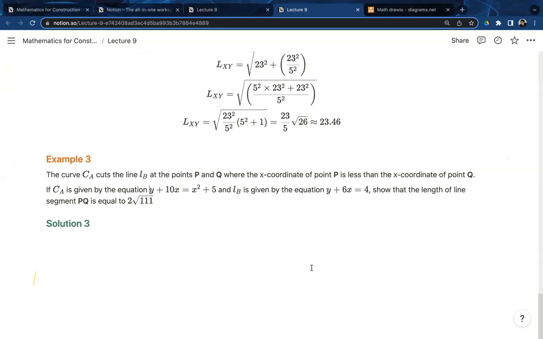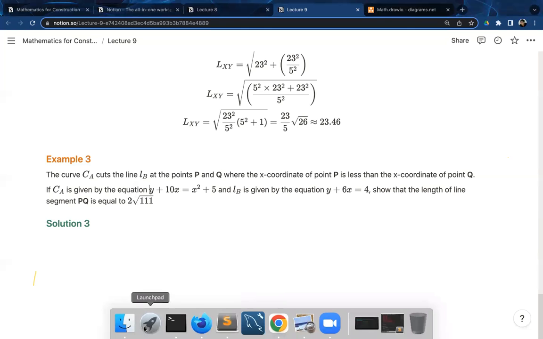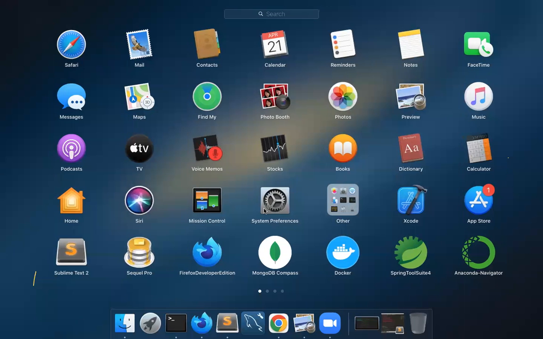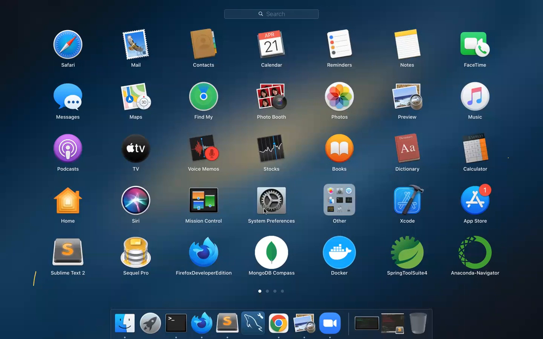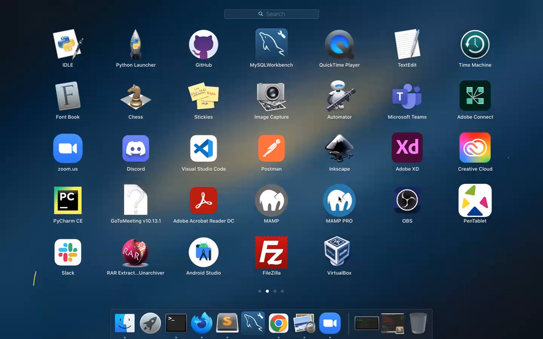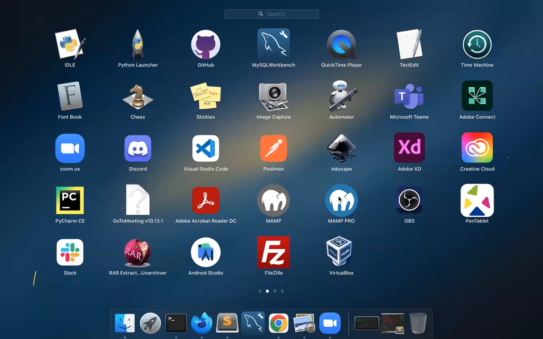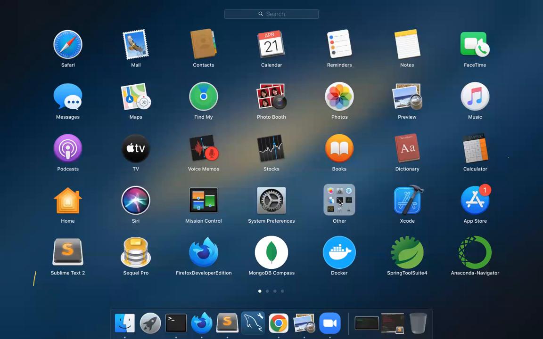So, do I have a drawing program? Where is it? Photos.